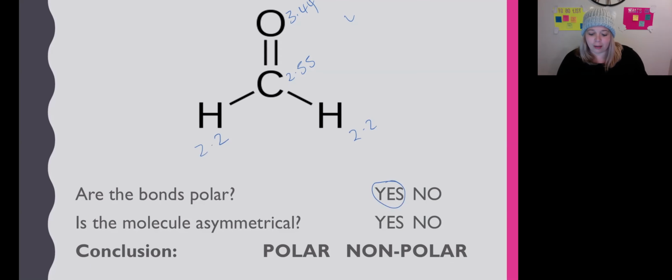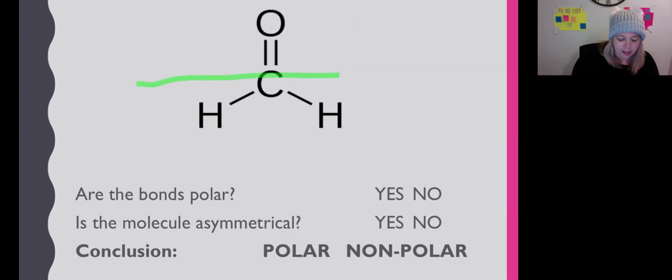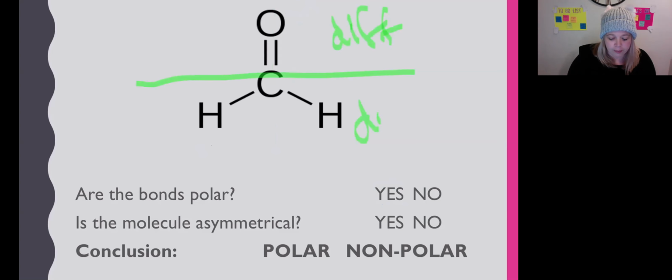Is the molecule asymmetrical? If you cut it down this plane, then no, it's not. However, if you cut it this way, this bit here is different to this bit. So therefore, I would say yes, the bonds are polar. Yes, the molecule is asymmetrical.